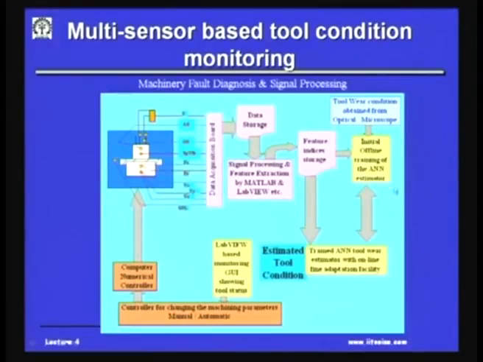So we have the actual conditions, and then an offline measurement of the tool wear, and then through an artificial neural network we could try to estimate the tool wear.